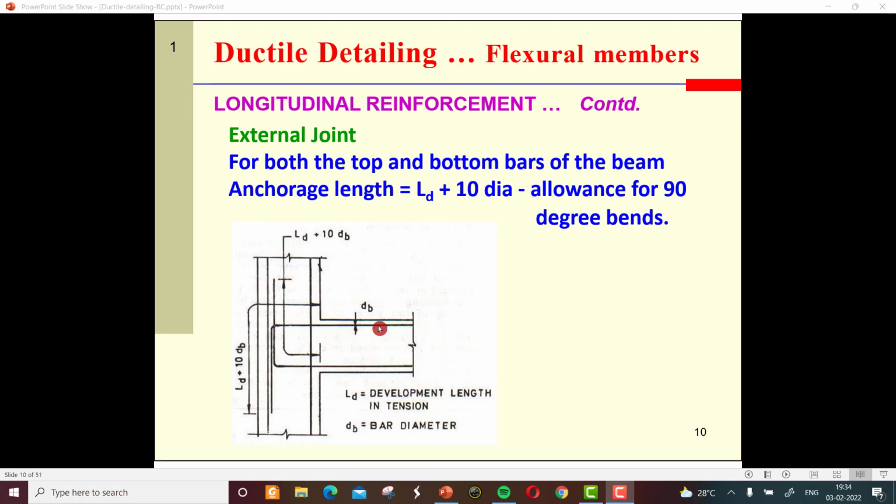So you can see the reinforcement here, and Ld is the development length in tension. The total length should be equal to Ld plus 10 times the diameter, deducting the allowance for 90-degree bends.